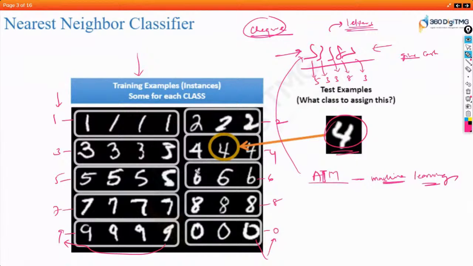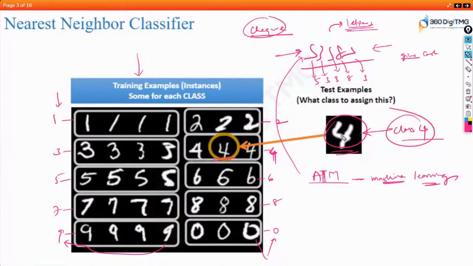So it finds this, but this belongs to class 4. Hence, we declare that this also should belong to class 4, or category 4. Very simple theorem and very simple logic. Try to map, see which one is the closest resemblance, and that closest resemblance will be applied here.